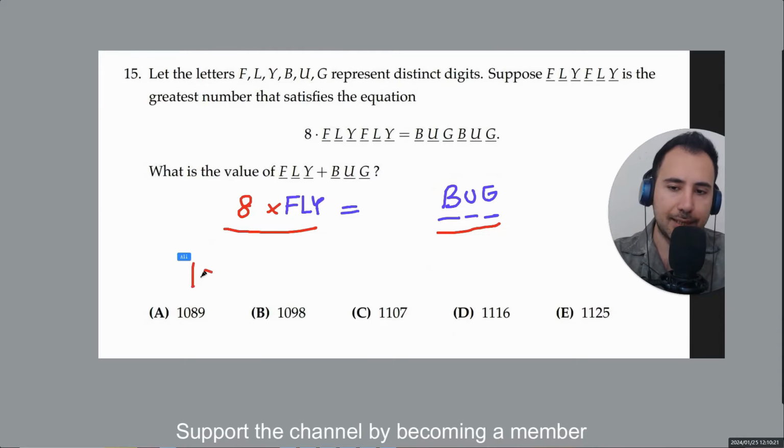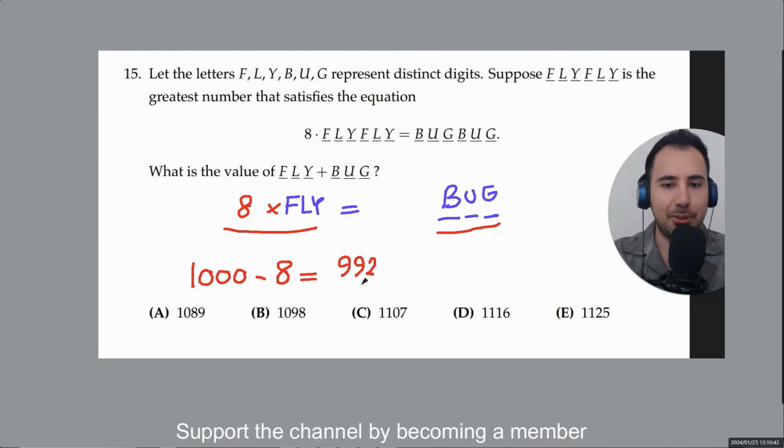We know that 1000 is divisible by 8 because 1000 divided by 8 is 125. So how do you find the next number? We just have to subtract 8. It becomes 992. 992 is the greatest number that is divisible by 8.